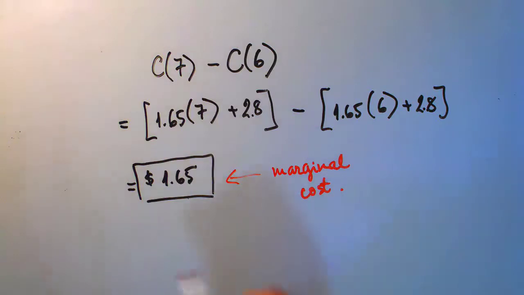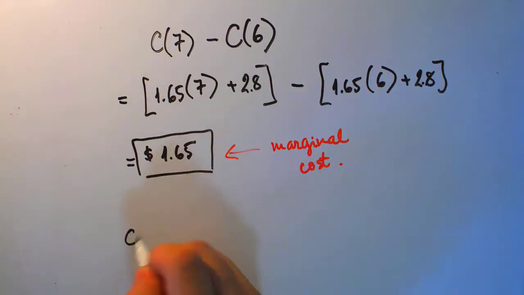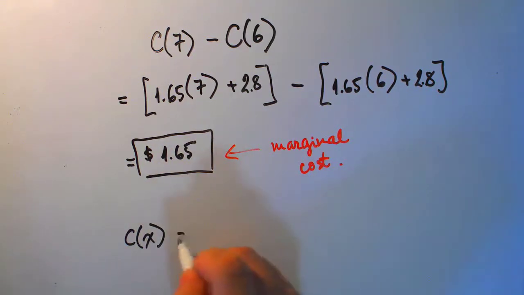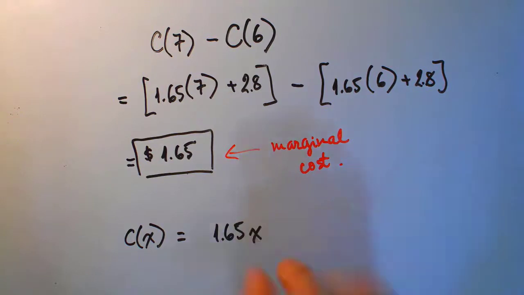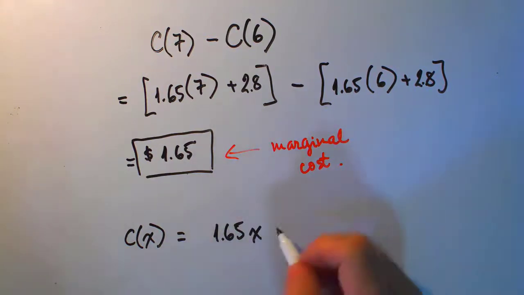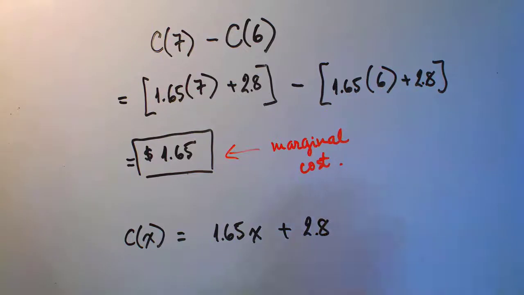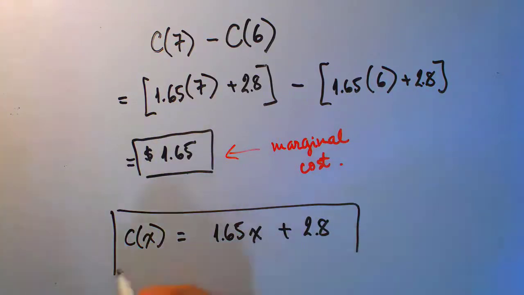So the little bit of experience here that we've learned, concluding our examples, is the function we came up with, C of x equals $1.65 times x, that's the variable cost, plus 2.8, the fixed cost. This function is a little early to introduce as well, but you have seen in algebra that this kind of setup is regarded as a linear function.